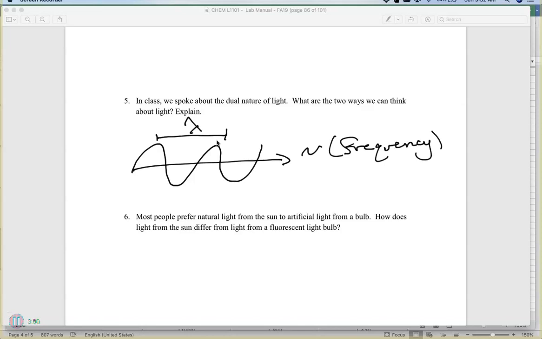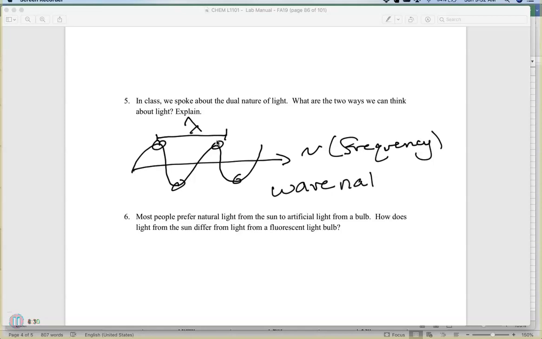These are two properties that describe how a wave propagates. One tells you the distance between the troughs, and frequency tells me how many of those peaks or troughs pass through a given point per second. And so this is our wave nature of light.